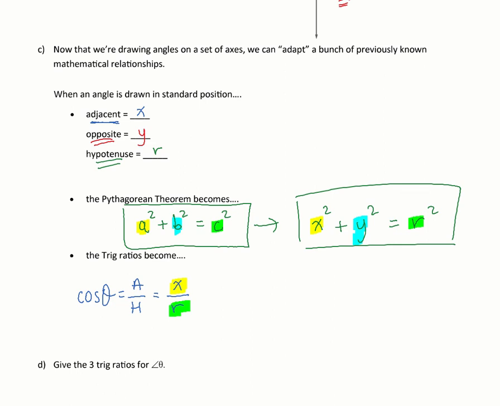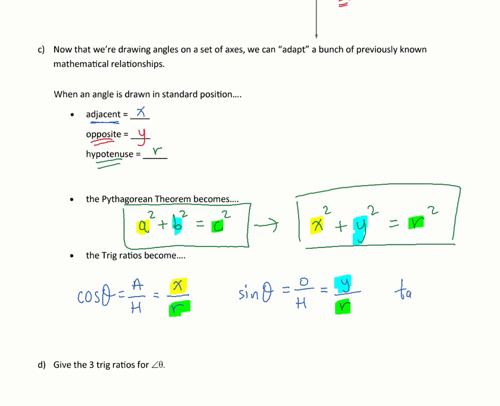Similarly, sine theta, which is opposite over hypotenuse, is equal to, well, what's the opposite side? That's the y coordinate, and h is the r side. So that would be the y side over the hypotenuse.